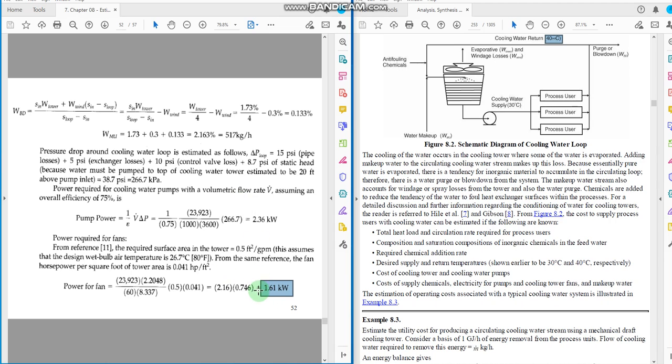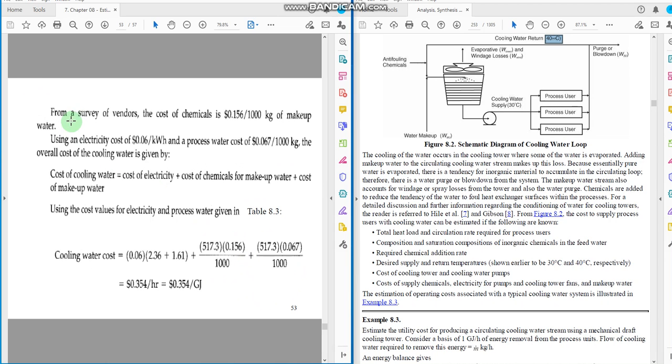Before going to that electricity calculation, let's see what we have here. From a survey of the vendor, the cost of chemicals is 0.156 dollars per 1000 kg of the makeup water. Whatever makeup water you are putting here, there are chemicals added to avoid fouling and to avoid fungus and bacterial growth.